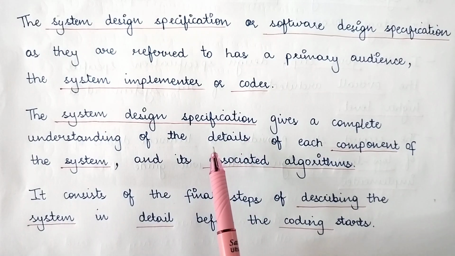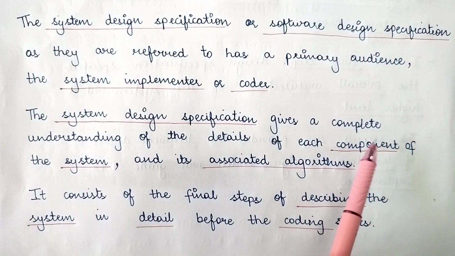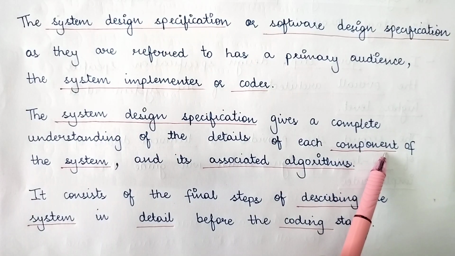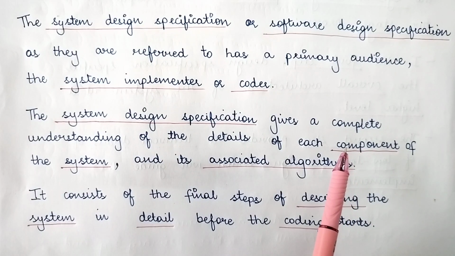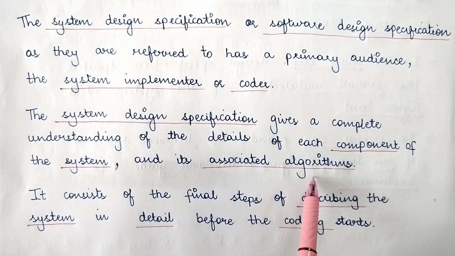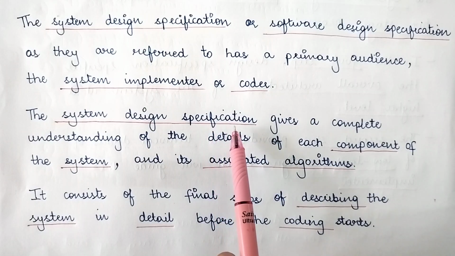So for that reason a system is divided into modules, which are also known as components. When a system is divided into several components, each component is much easier to understand than the system as a whole, and then its associated algorithms are also properly defined in the system design specification.